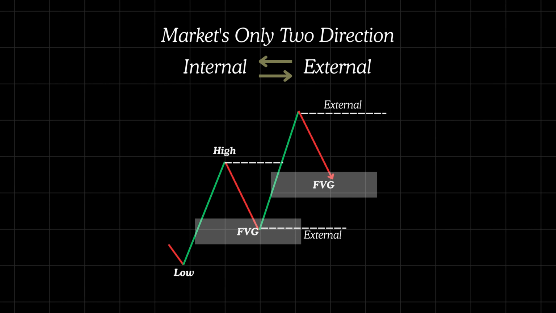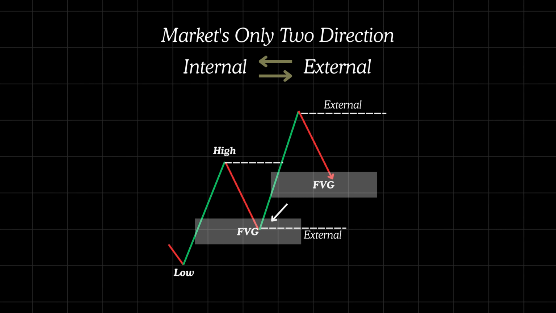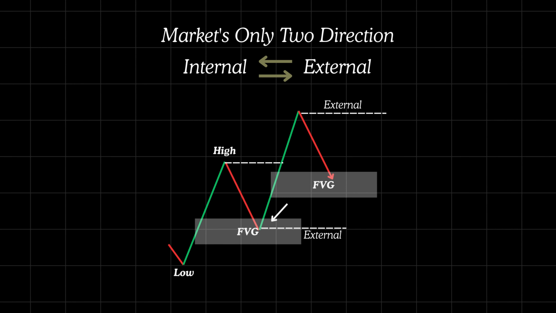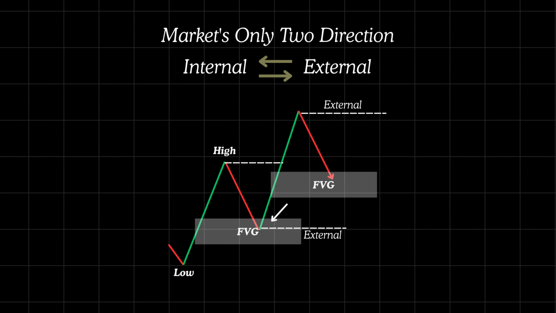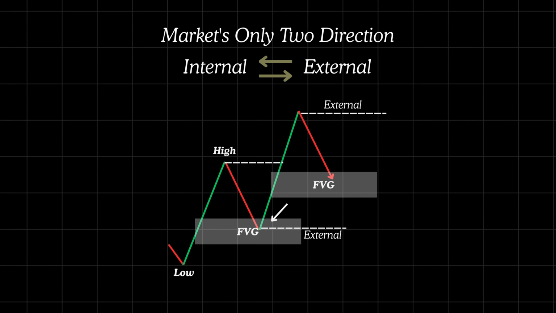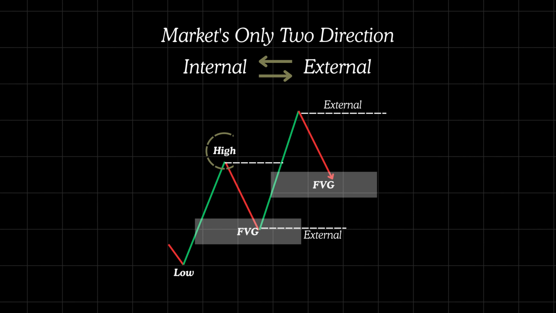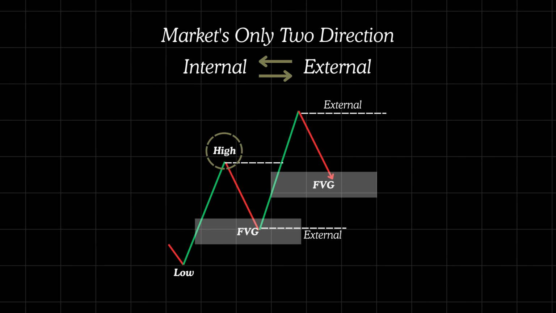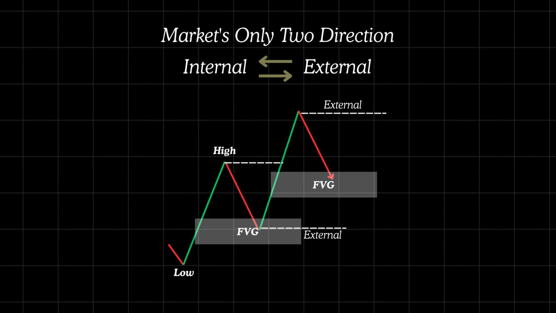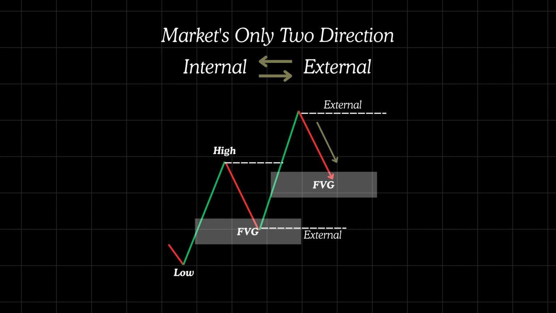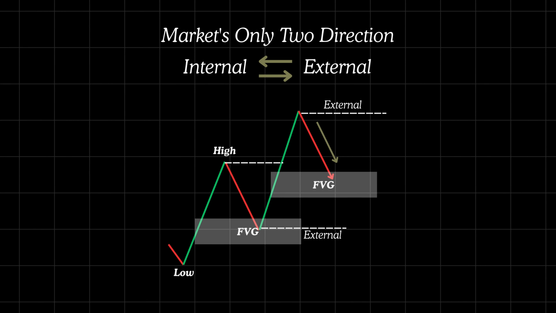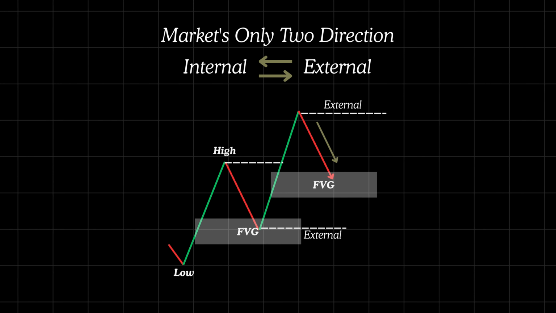After this occurs, price transitions toward internal liquidity, represented by the fair value gap, in order to fill the imbalances left behind. From there, price shifts back toward external liquidity, sweeping above this high. Once the external liquidity is taken out, price then seeks balance by targeting internal liquidity again. This leads the market to drop and fill the most recent fair value gaps.